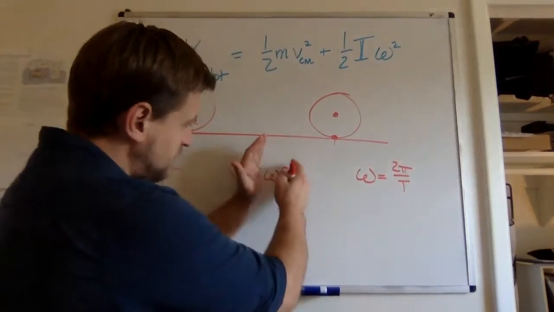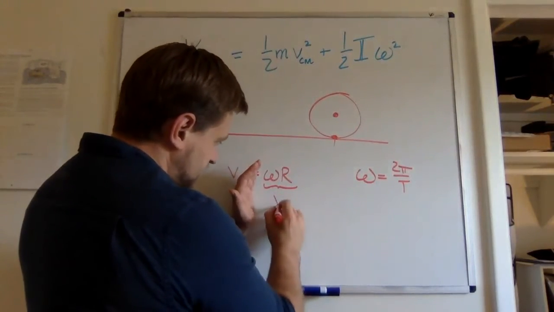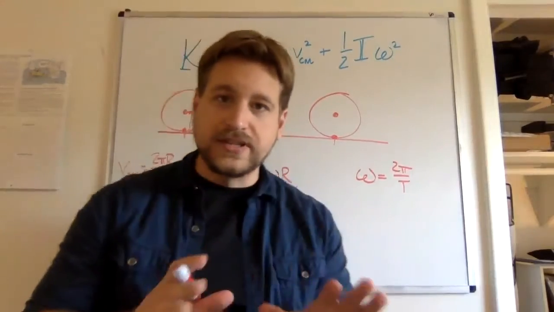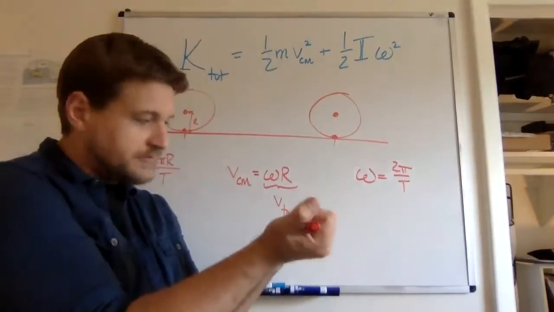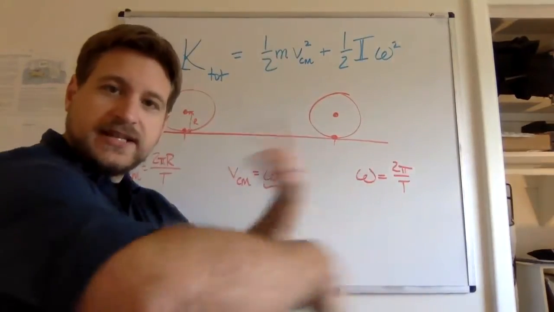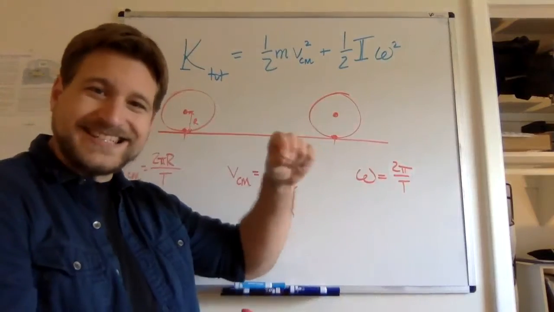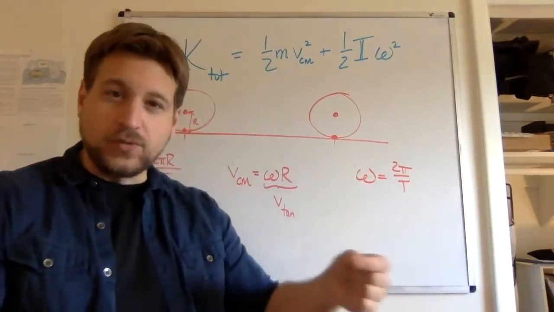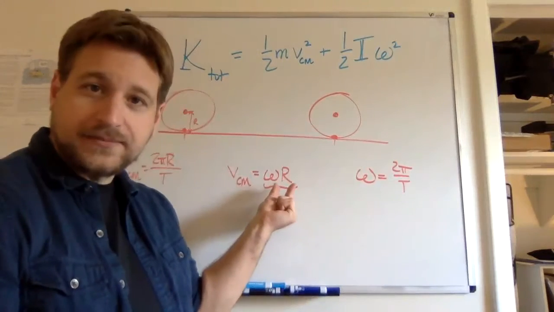Omega R on its own is related to the tangential speed of a thing that is only rotating, right? If I pick up the axle of that bicycle wheel and it's rotating, and I ask about a point on the tire as it moves around in a circle, how fast is it going through space? This fast.